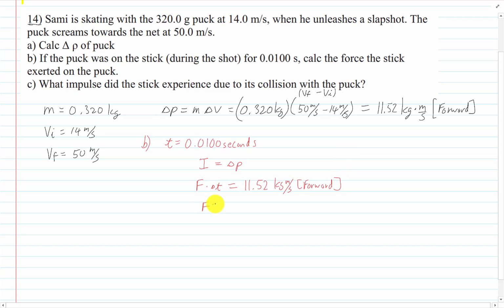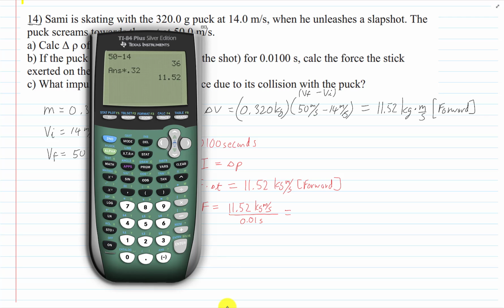So that's just going to give us the force is equal to 11.52 kilograms meters per second divided by the time, which is 0.01 seconds. Mr. Calculator comes up and we divide this by 0.01, and we get 1,152 newtons forward.